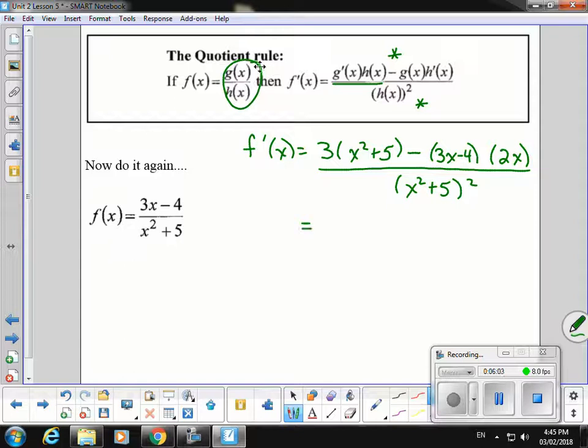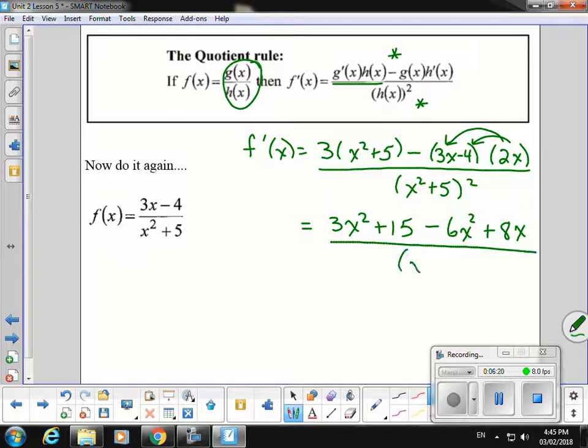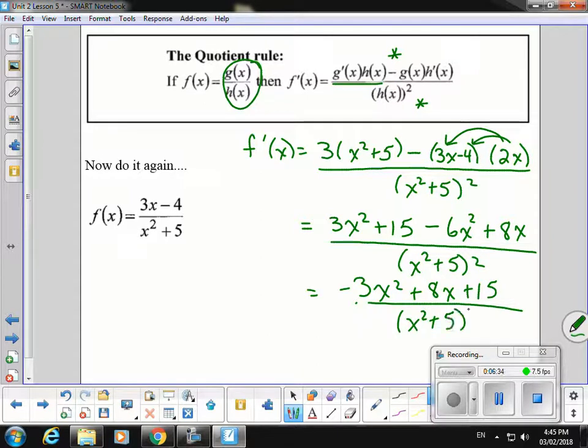Let's do one more line. I would have 3x squared plus 15, subtract, I'm doing distributive law and subtract at the same time, so bear with me, 6x squared plus 8x over x squared plus 5 squared. I end up with negative 3x squared plus 8x plus 15 over x squared plus 5 squared.